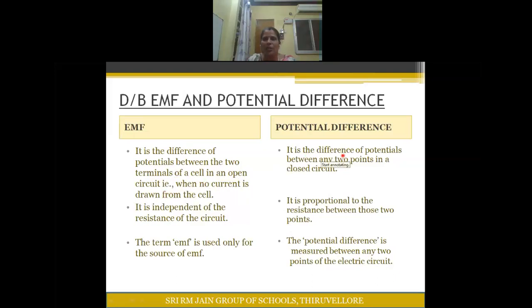And potential difference is the difference of potential between any 2 points in a closed circuit. EMF is independent of the resistance of the circuit, but the potential difference is proportional to the resistance between 2 points. EMF is used only for the source of EMF, but the potential difference is measured between any 2 points of the electric circuit.